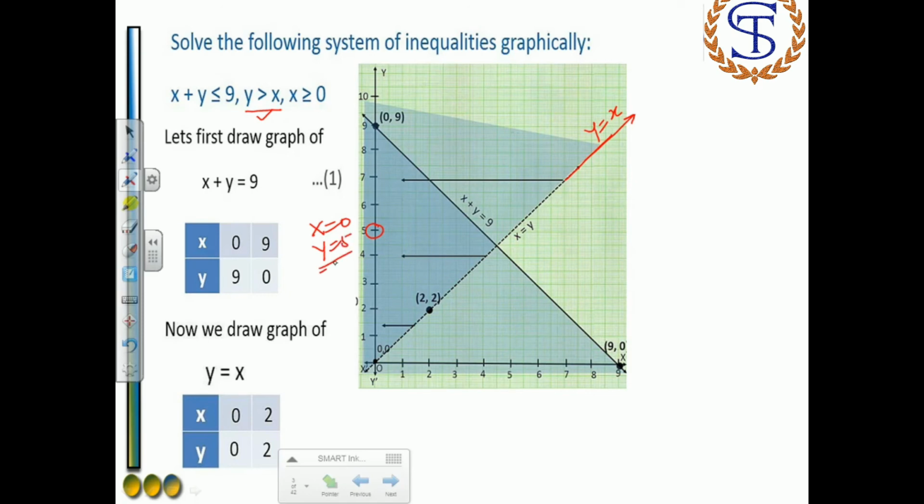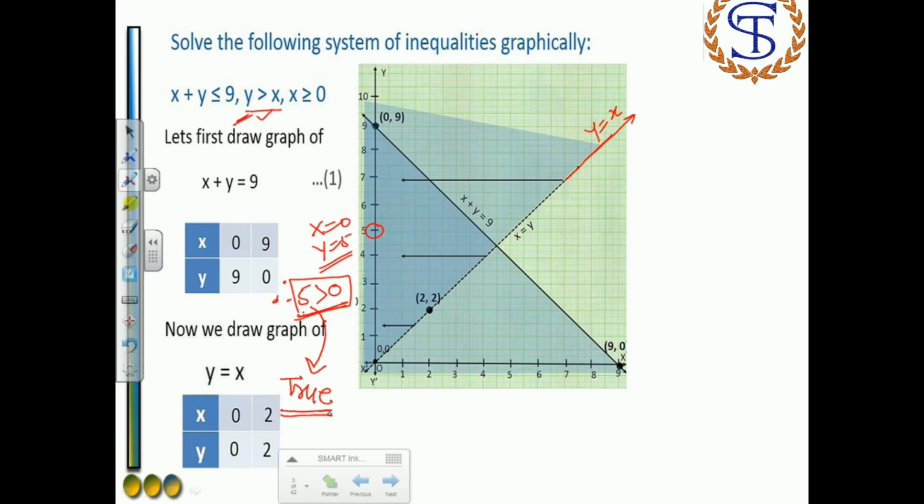Let's put these values in this inequality. For x equal to 0, here is 0, and in place of y we have written 5. Now 5 is greater than 0, and this is a true statement.